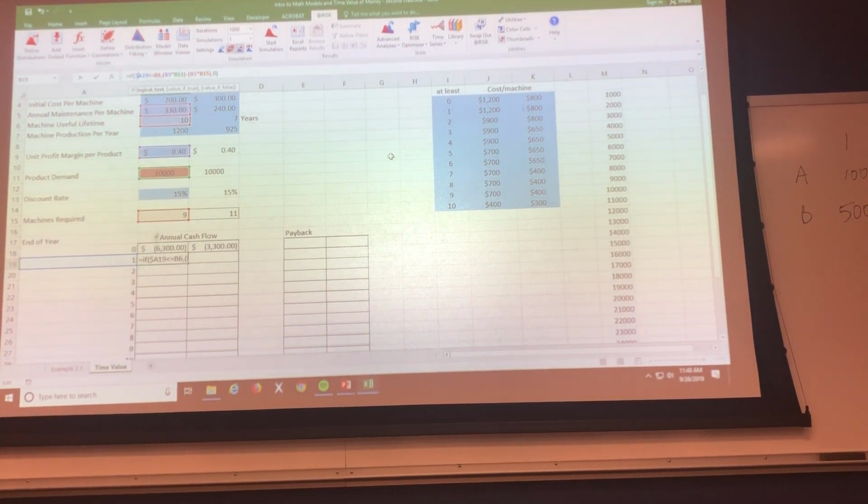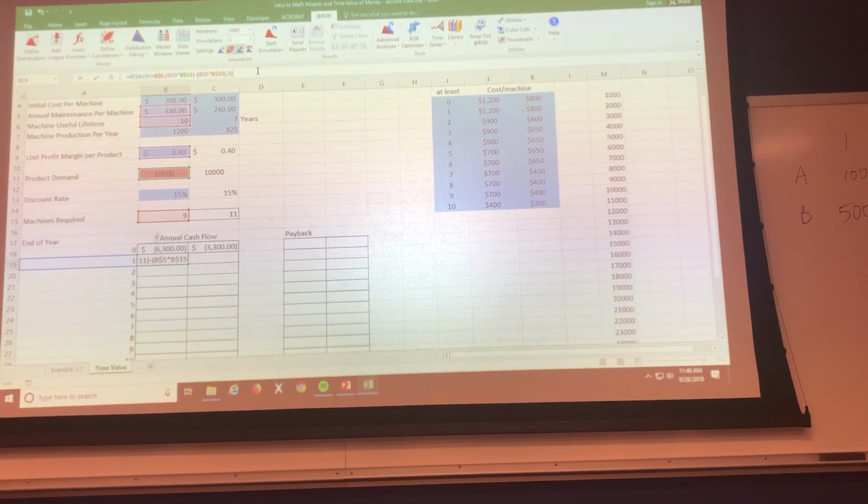So in every single one of these B references, I need a $ sign in front of the row. Every single one of them. So the A19 has to have it in front of the A, but all the B references have to have it in front of the row number.